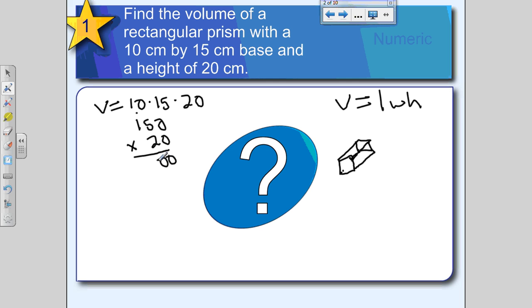That's going to give me 3,000. So my volume is 3,000 centimeters cubed. And remember, volume is always cubed.